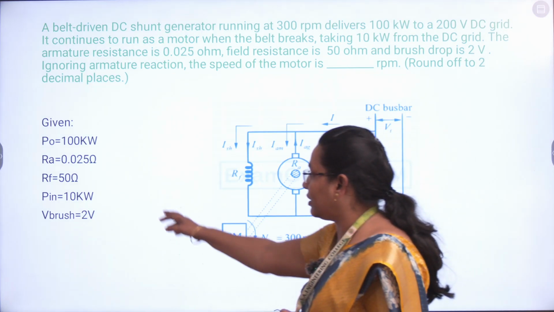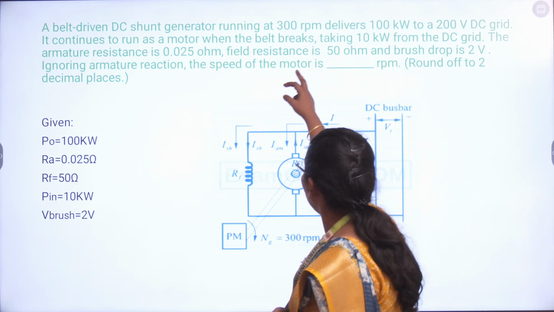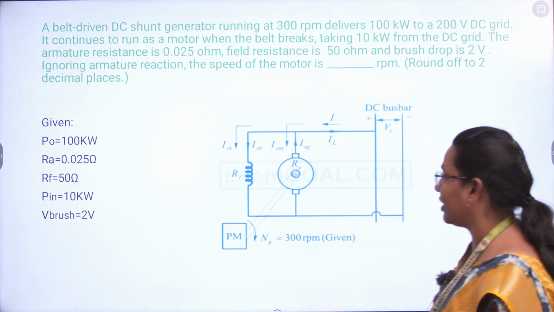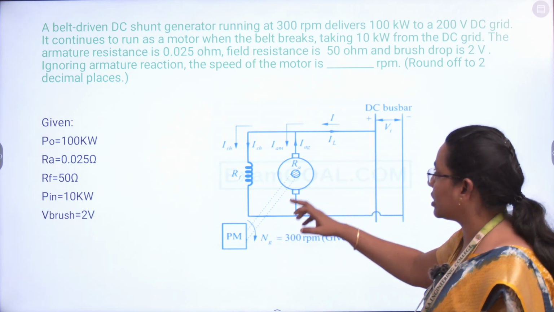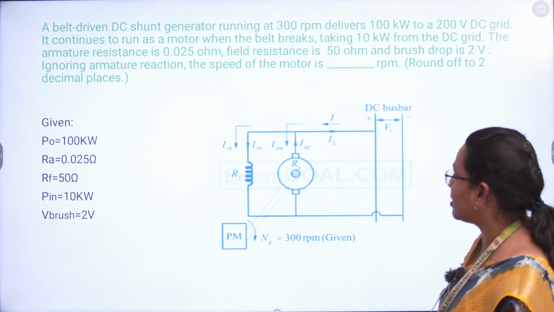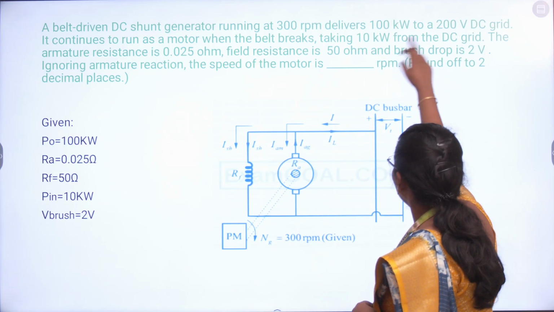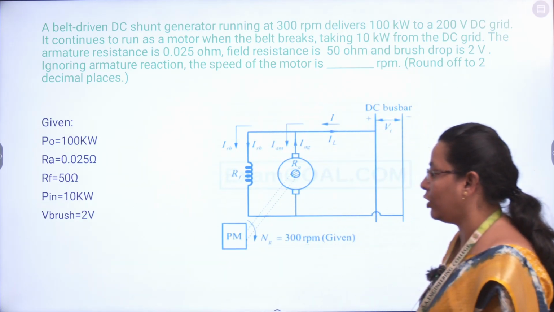So the given data: 100 kilowatts is the delivered power, so we can take it as the output power. P0 equal to 100 kilowatts, armature resistance is equal to 0.025 ohm and field resistance is equal to 50 ohm, and it takes 10 kilowatt from the DC grid. So from the DC grid means it indicates the input power.